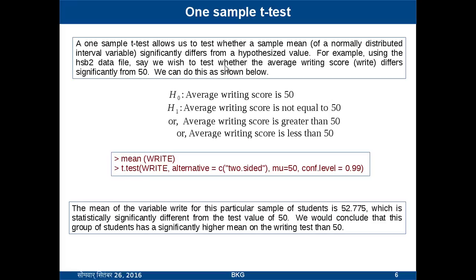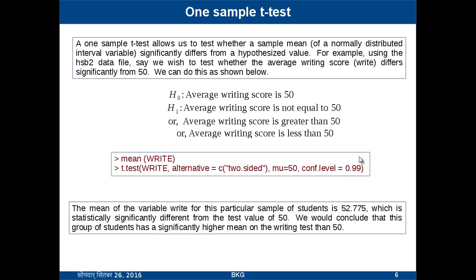code for one sample t-test is t.test, that is the numeric vector, write. Now alternative, we have three alternatives, two-sided for both tail test, greater for right tail test and less for left tail test, mu the hypothesized value of the average, that is 50, and the preset confidence level, that is 0.99.